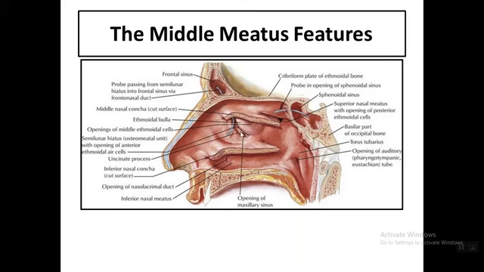Here the curved opening below the bulla is called hiatus semilunaris. Its anterior end is called the infundibulum, which leads into the frontal sinus. So the opening of the maxillary sinus is also into the hiatus semilunaris.